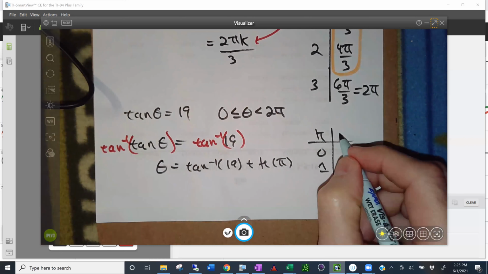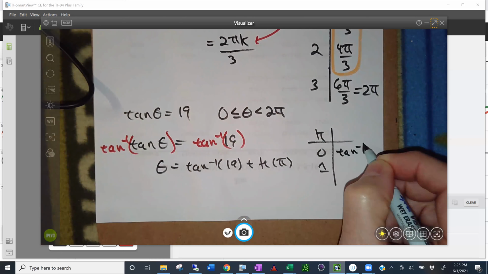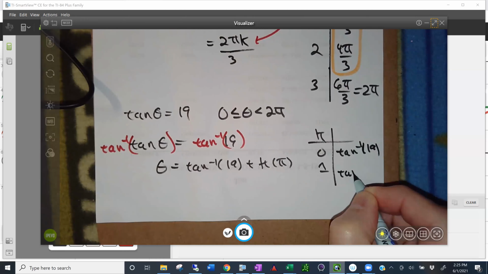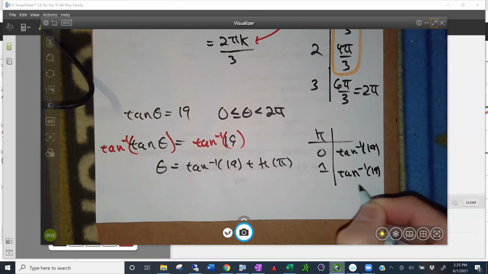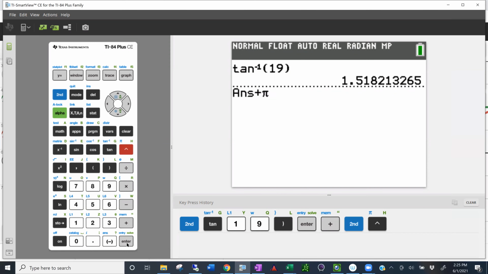So I would get inverse tangent of 19 and inverse tangent of 19 plus pi. Let's just check that. Let's take this and add pi. That's my other answer. So if you needed a decimal answer, you got that.